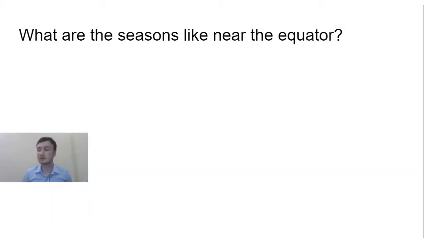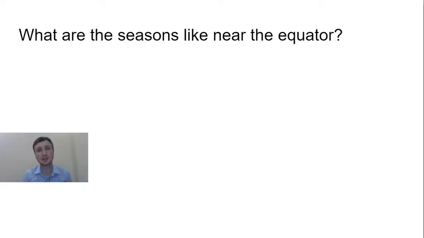Okay, so here's a question. And if we end up speaking later in the week, maybe we'll end up speaking on Zoom, who knows? If we do, then why don't you answer this question for me? What are the seasons like near the equator? Okay, the nearer you get to the equator, what are the seasons like?